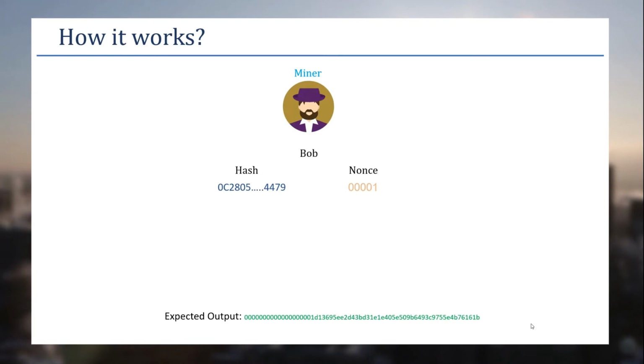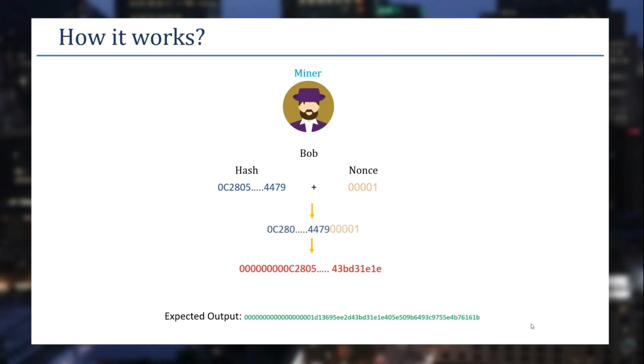Every new miner knows that for the next block they need a hash that leads with 19 zeros. Once they get these two inputs, they know they can't make any changes in the hash, so the only point where they can make a change is the nonce. They append these two strings into another new string and then hash that string. Mostly in the Bitcoin network they use the SHA-256 hashing mechanism. Once they do the hashing, they compare the actual output with the expected output.